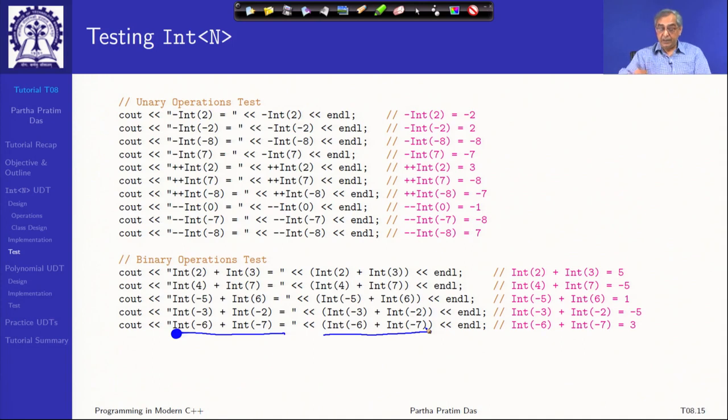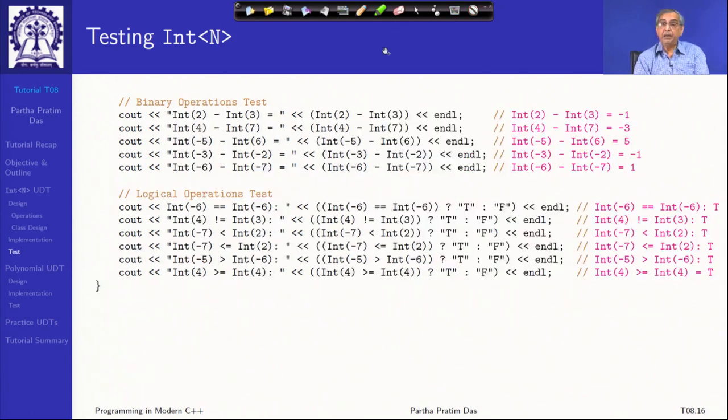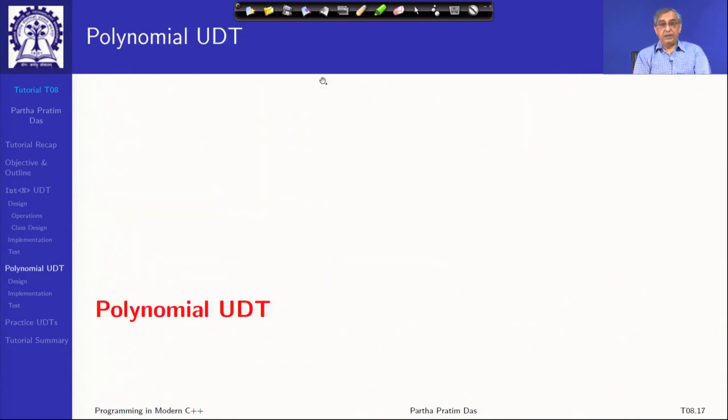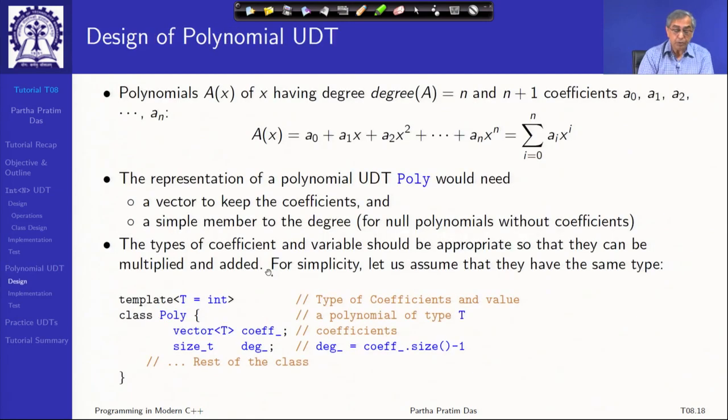As I add 16 to that, my actual wrapped around value is 3. All these are tested out. You can check the other minus operation, logical operations, and so on. With that, I have a nice integer type of n bits. It's great fun, and that exactly gives us a picture of how the int type works in the system. Going forward, let us do something very different.